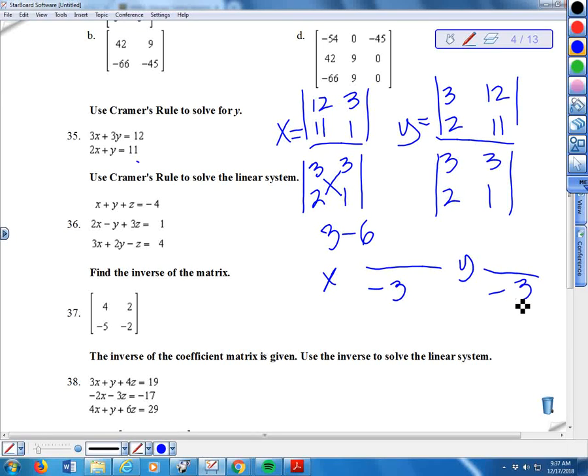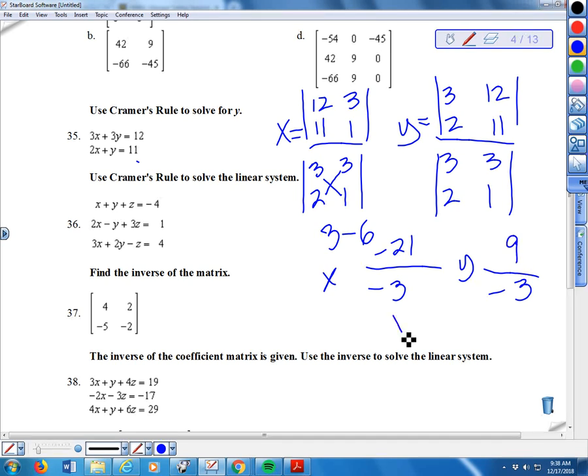Then I have 12 minus 33. 21. Negative, right? And here I have 33 minus 24. Is that right? Yeah. 33 minus 24, 9. And it's positive.